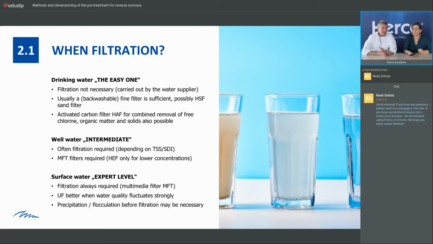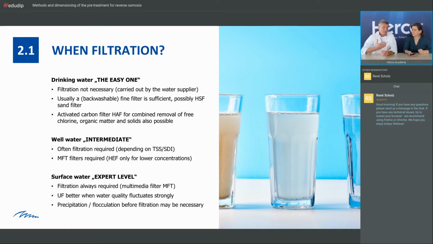So filtration is always required. And ultrafiltration sometimes is necessary, because if the fluctuation of these rainy waters goes into turbidities which are very, very high, then we have to think about the best strategy to filter it out.